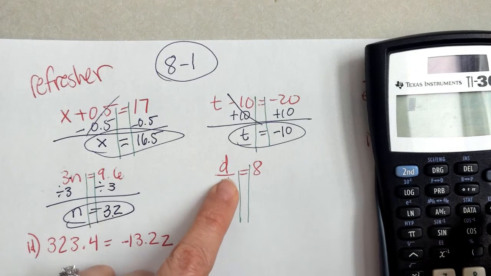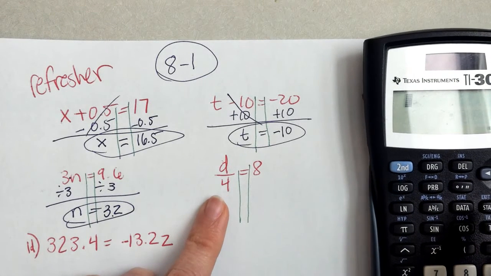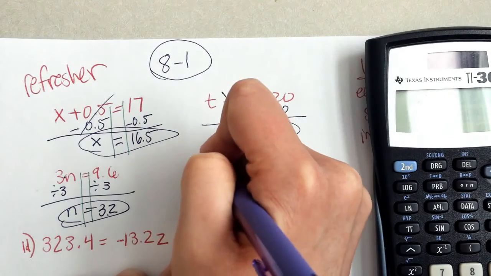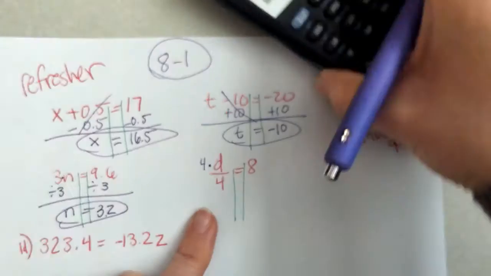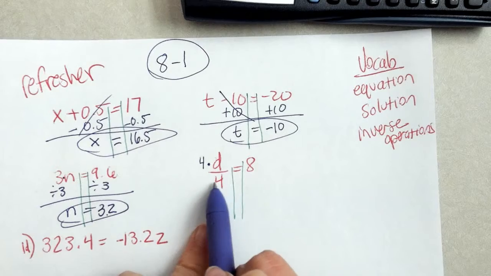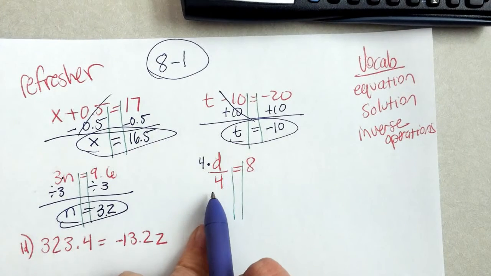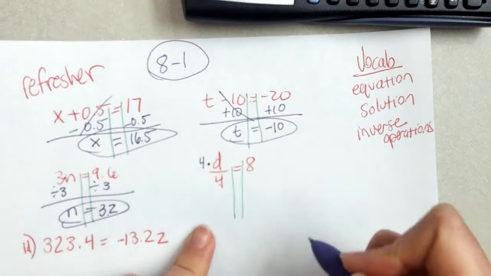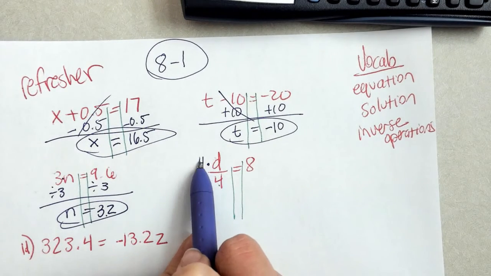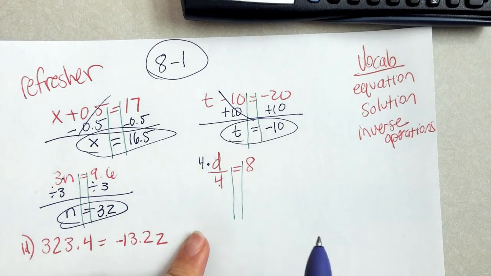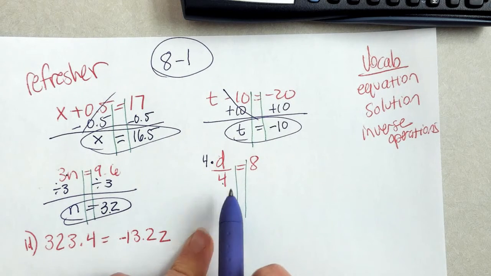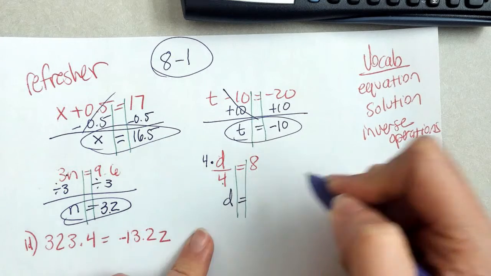The next one, since it's divided by 4, we multiply. When you go to write this, you want to make sure that you're writing your multiplying by 4 at the top, because if I multiply it down here, that would just be d over 16, and that doesn't cancel anything out. We want 1 to be on the top and 1 to be on the bottom, so we're really reading it as 4 divided by 4 to cancel each other out, because that would just give me a 1, so 1d, we would only write d here.